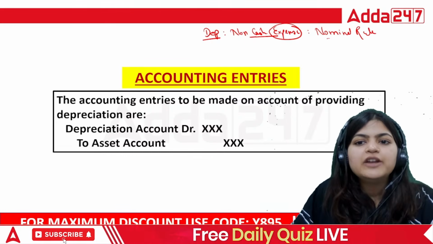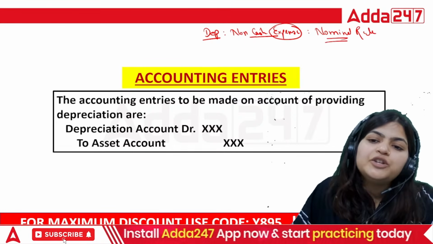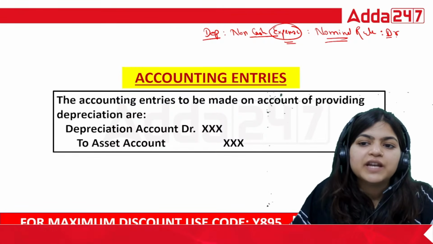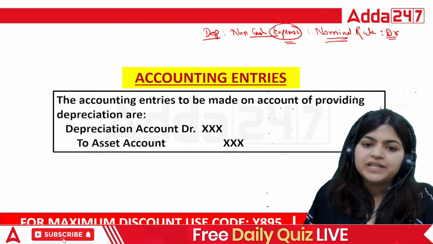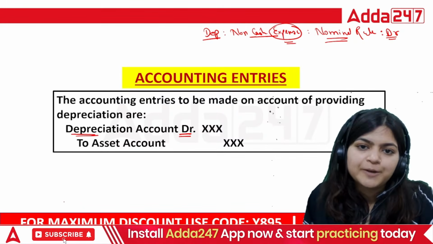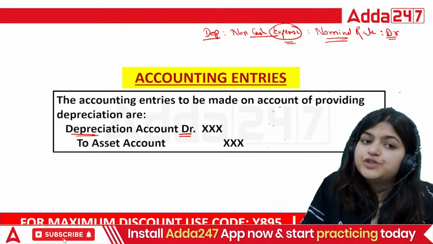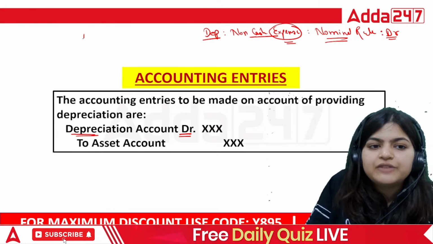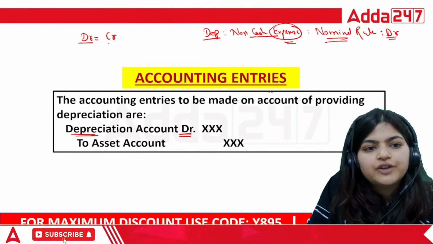As per the nominal rule, expenses you will show on which side, debit or credit? Debit side. So in your journal entries, every time you will show depreciation on your debit side and credit side, as we are following dual aspect accounting. We know that for every debit we need to pass a credit entry.